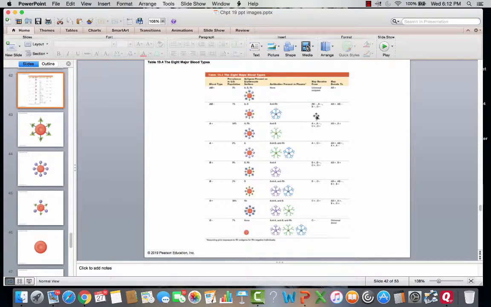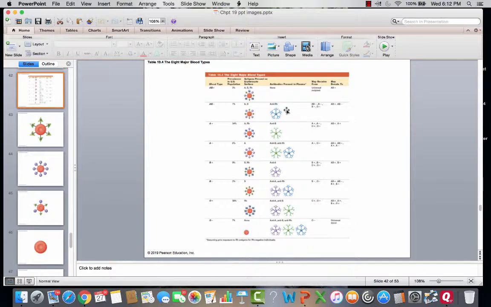An Rh negative is always going to get Rh negative blood. If I have AB negative, I don't have, and this shouldn't even be in here, this is making me mad. You don't naturally produce these, but you have to pretend that you would if you got Rh positive blood.